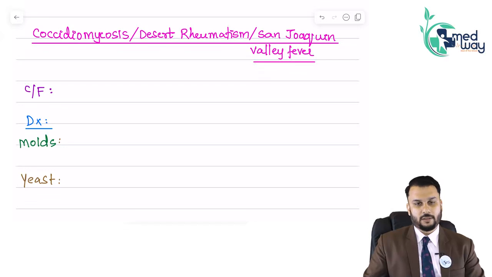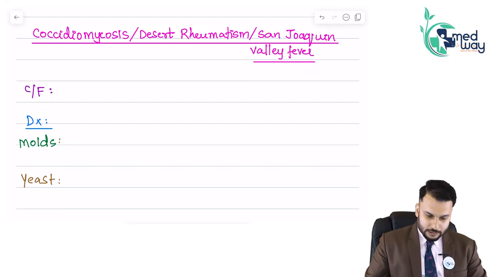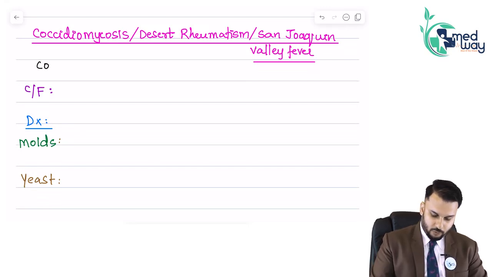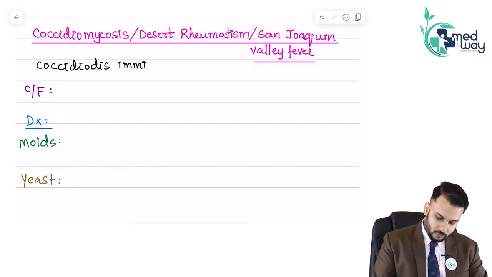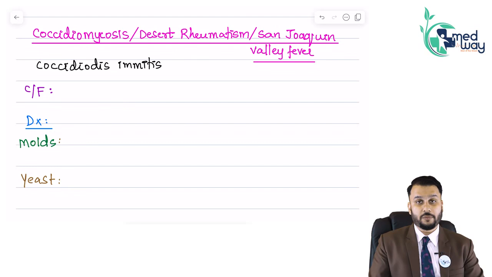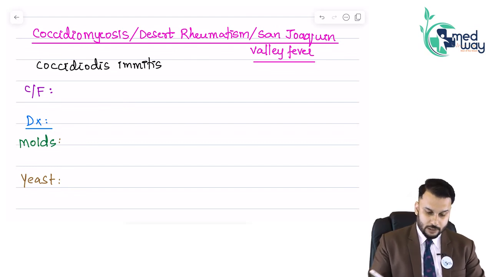Next disease in the list is coccidiomycosis, also called desert rheumatism or San Joaquin Valley fever. Now, first of all, as usual, we will write down the name of the organism. It is called Coccidioides immitis. What are the clinical features?